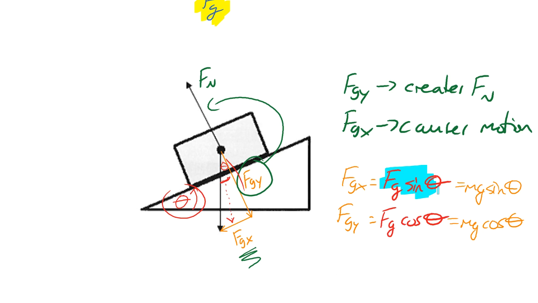So FGX is really small. If I used cos there by mistake, the cos of a small angle is really big. So how could a really small angle cause a whole lot of FGX? That doesn't make any sense. And that's because for this, the trig functions are flipped around. So FGX uses sine theta, and FGY uses cos theta.